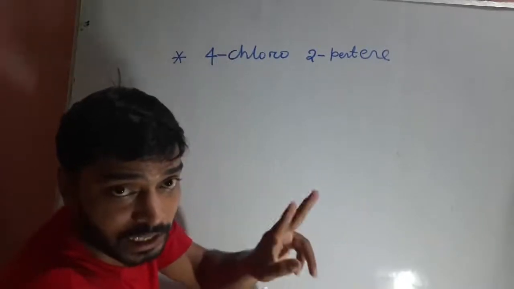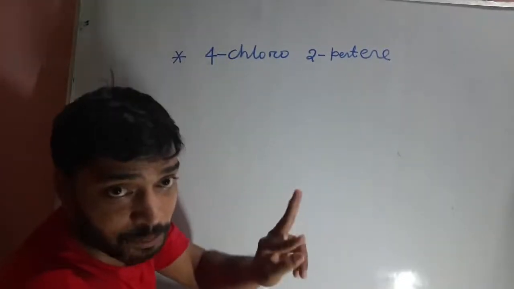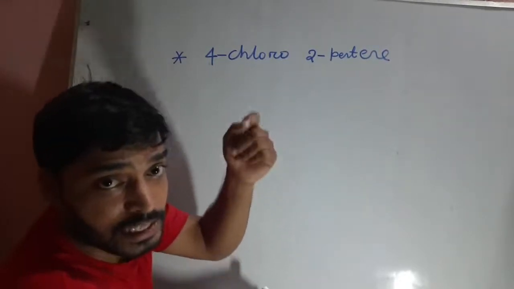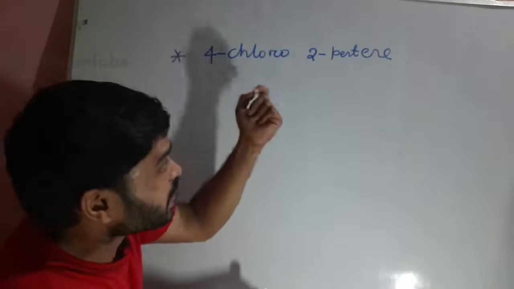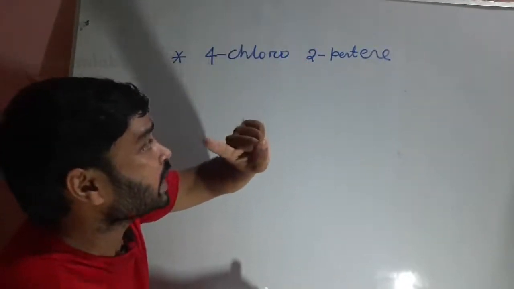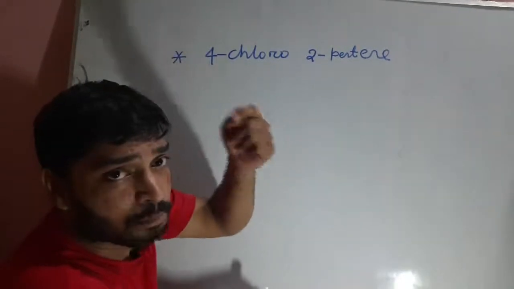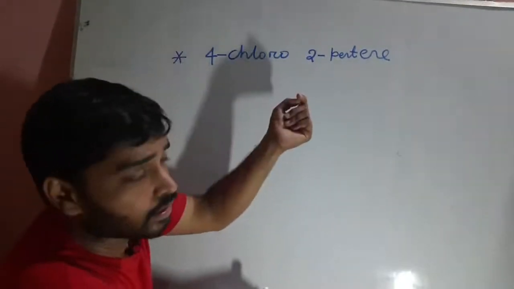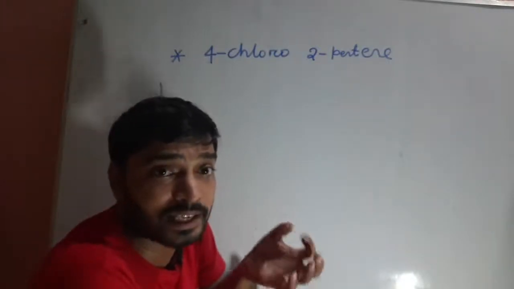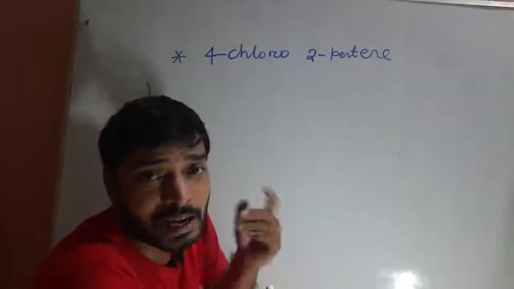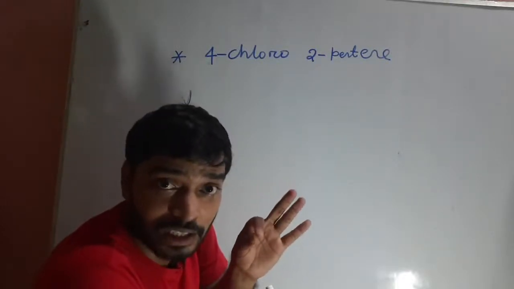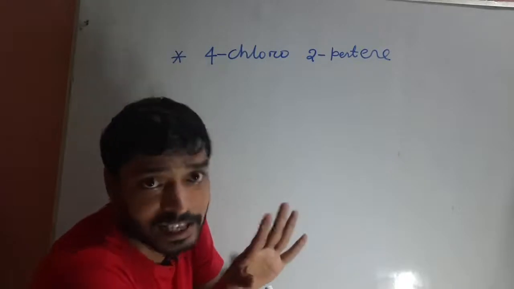If the double bond is present between the second and third carbon, then the number 2, the minimum position of the double bond, is used to express the double bond. That means here 2 expresses that the second and third carbons are bonded by the double bond. If the double bond is present between the 7th and 8th carbon, then it will be expressed by the locant 7.